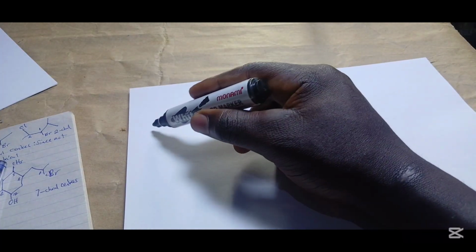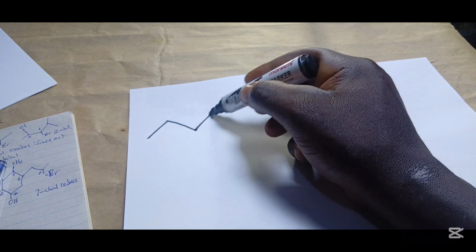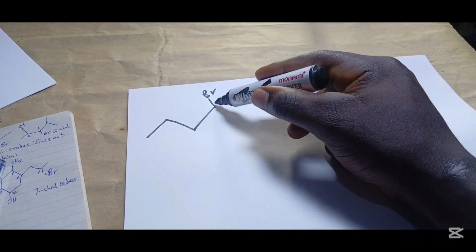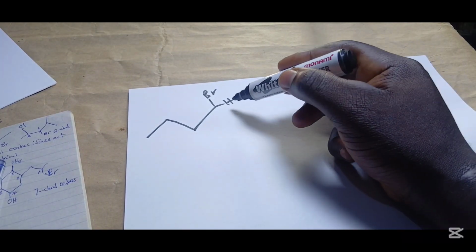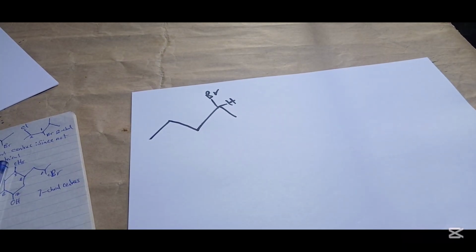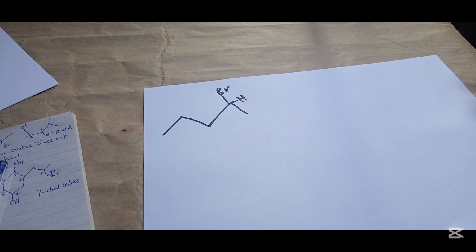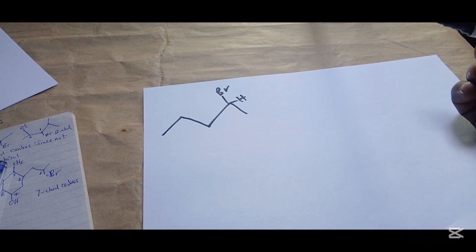Is this molecule chiral or achiral? Well, to determine whether the molecule is chiral or achiral, we examine the molecule to see whether it has a chiral carbon, and if it has, then we look at whether it has a plane of symmetry.